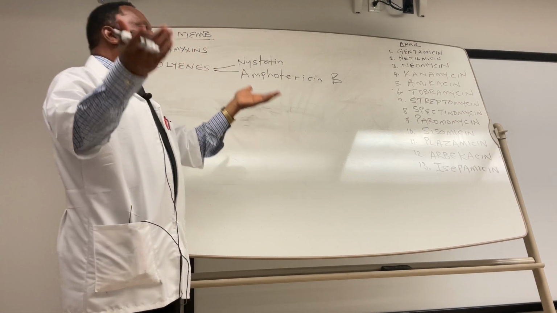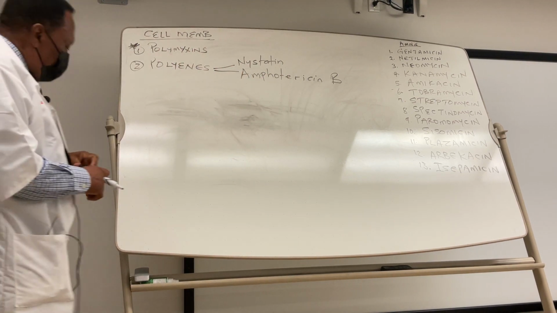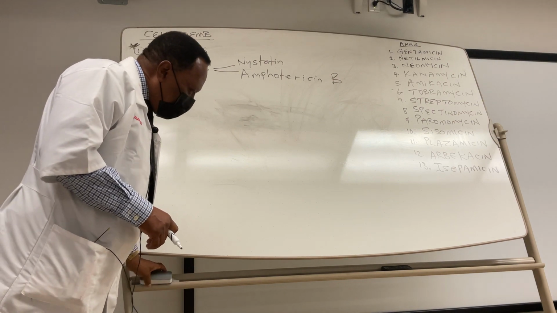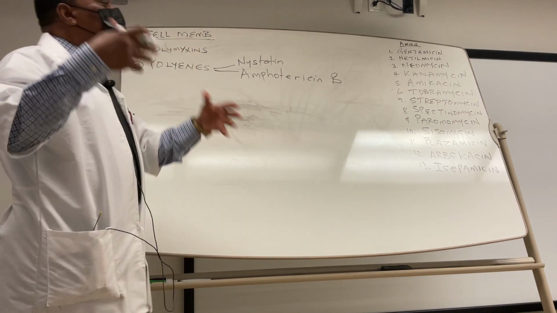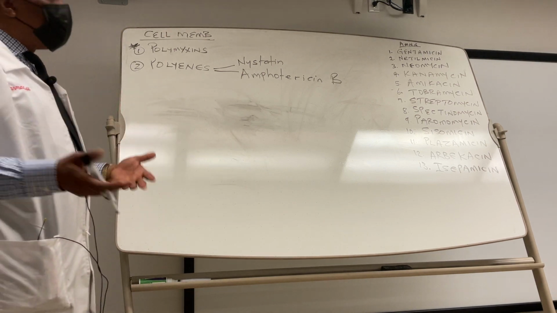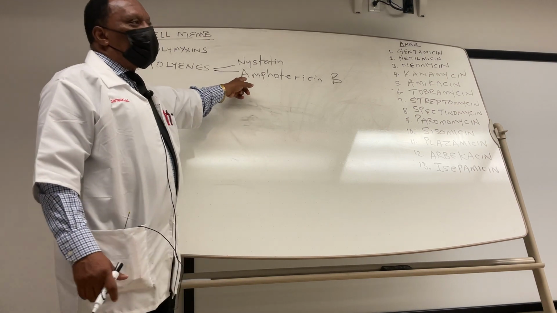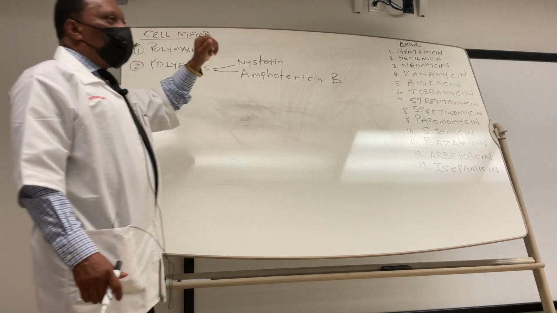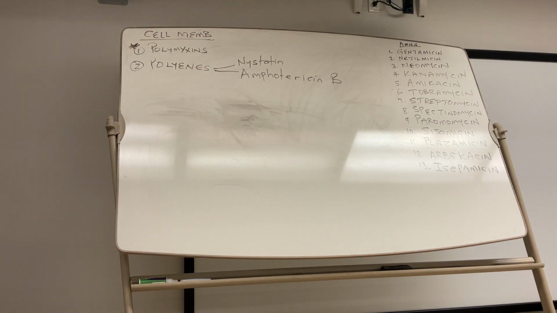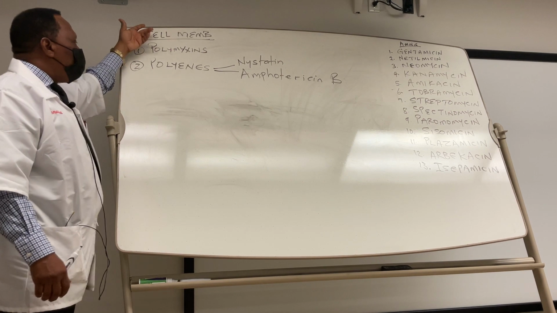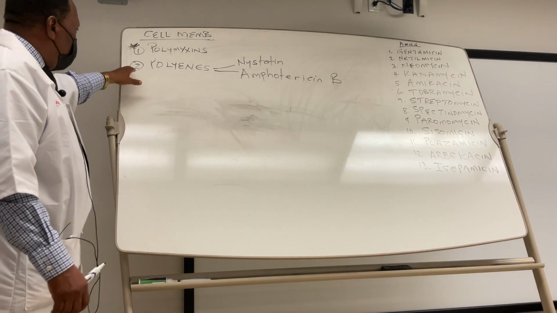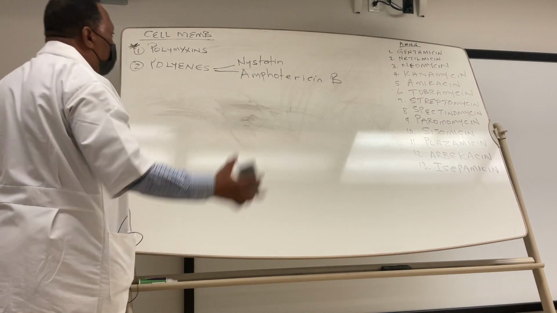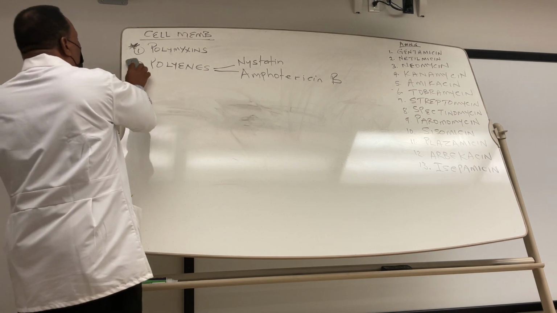Perhaps the grandfather of all your antifungal agents is amphotericin B. So we'll spend some time on that drug when we get to the antifungals. But they work also on the bacterial cell membrane. So they are also cell membrane inhibitors. So the polyenes will be discussed under antifungal drugs.